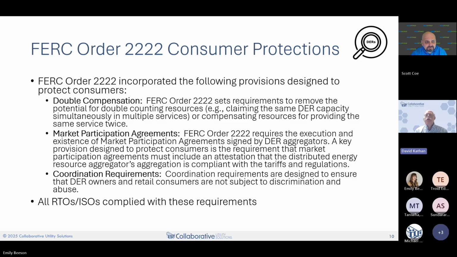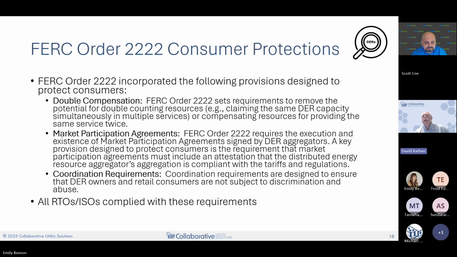This was a major focus of the order, and FERC in the final order sets requirements to remove the potential for double counting of resources or compensating resources for providing the same service twice. This makes sure there is no gaming or potential for double participation, which can create some potential problems for consumers.